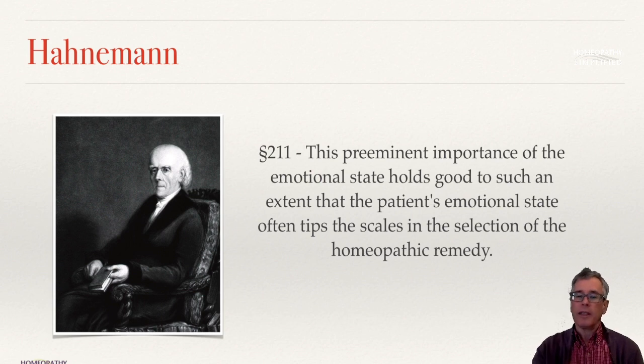So he writes often, and it's true to say, when there is a marked emotional and mental state that you can use as a repertory source to find a rubric, or as a mental and emotional state to confirm in the materia medica, it will often tip the scale in the choice of the remedy. However, we don't always have strong and marked mental and emotional states to prescribe on.